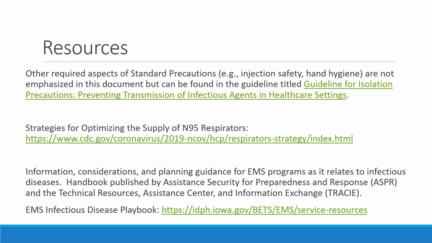So we want to make sure that we are using them most effectively and efficiently. And then additionally, a really good document that has been posted to the Department of Public Health website is the EMS Infectious Disease Playbook. And I would highly encourage that all of you go out and take a look at that.